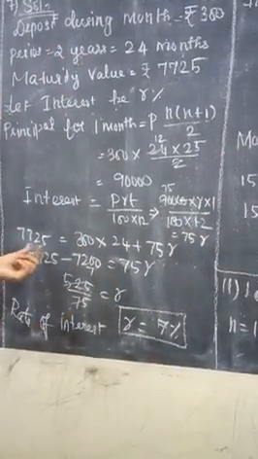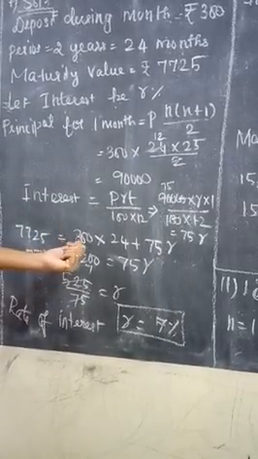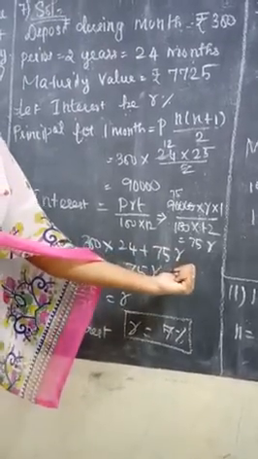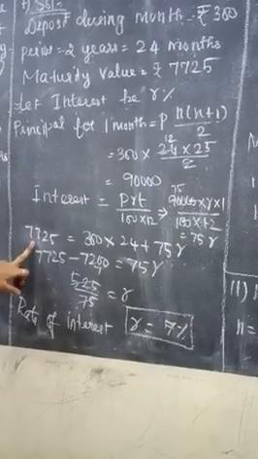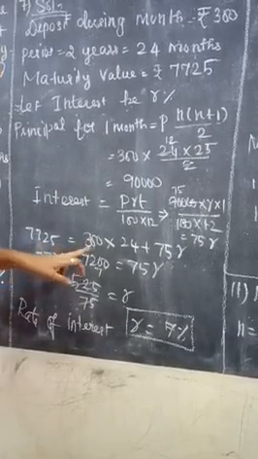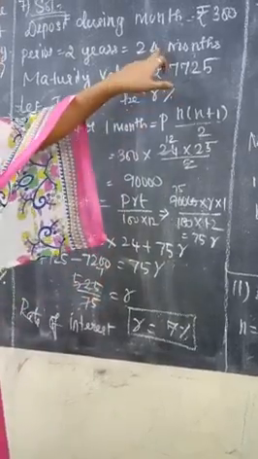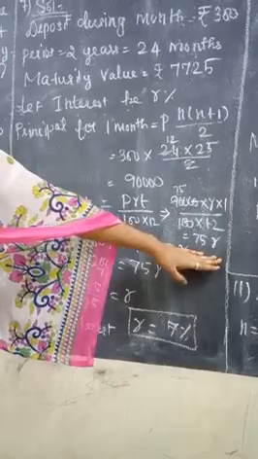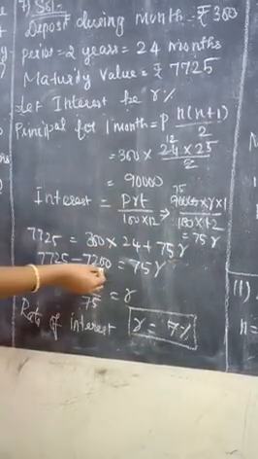Next one, listen. Maturity value. How do we find the value? Maturity value equals monthly payment into N plus the interest. So what is the value they have given? 7,725 equals the monthly payment 300 into the months 24, plus here the interest value is 75 R. Next, do the multiplication: 7,200.